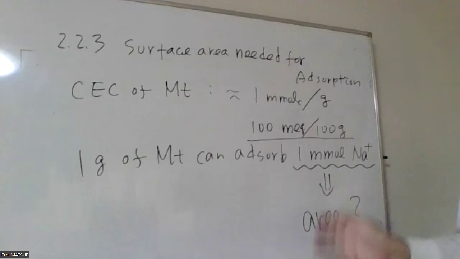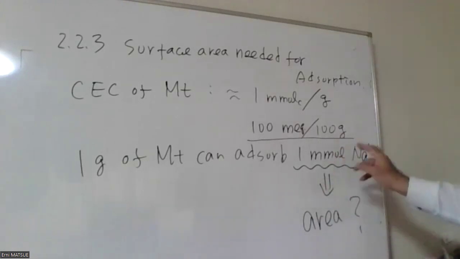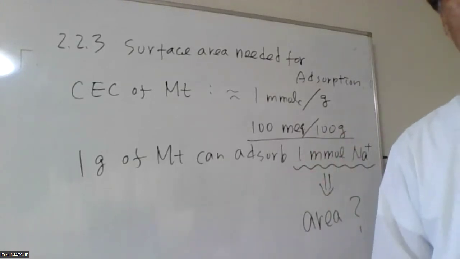What is the occupied surface area by 1 millimole of Na plus? How do you think?